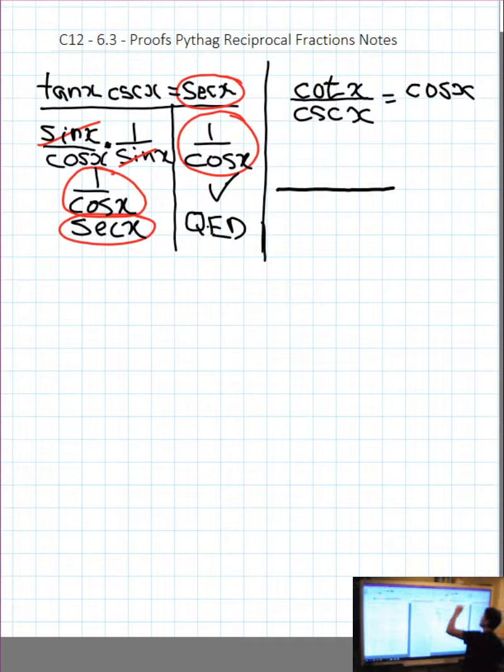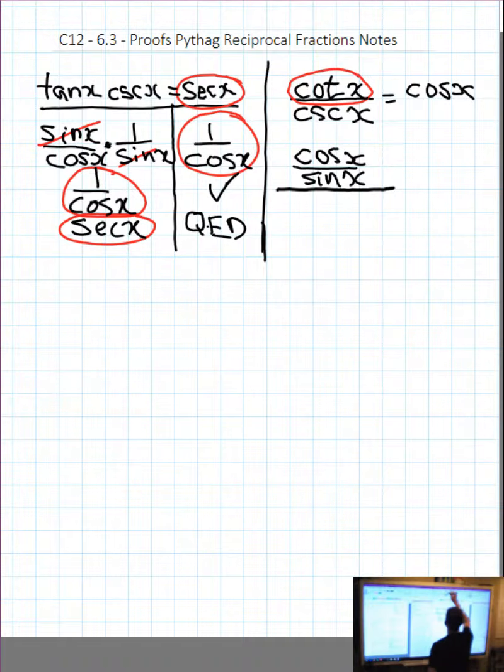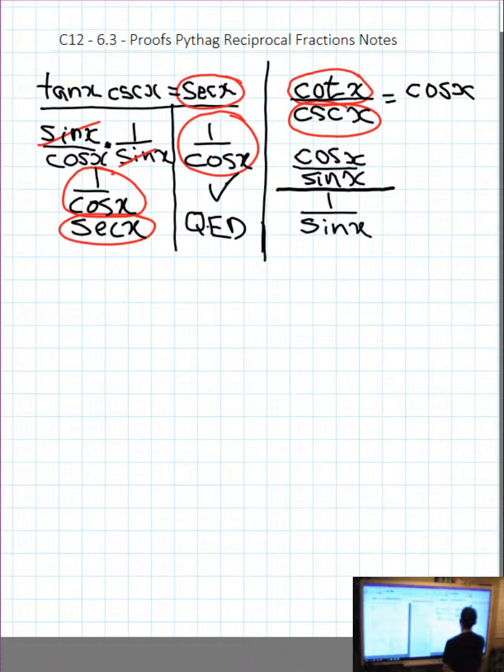So circling it in red on the top, cotan x is cos x over sine x. I hope you have your formula sheet and are glancing over and even checking my work, because I get stuff wrong all the time. Now, looking at the bottom of the fraction, we have cosecant x, which is 1 over, C first flips with the S first, sine x.